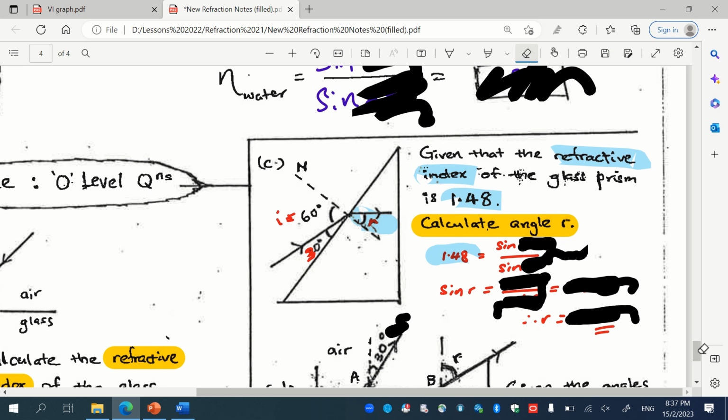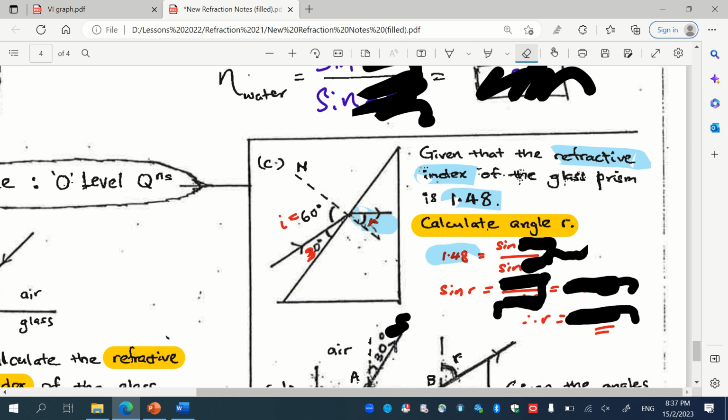Now the problem is I don't know my angle R. So just substitute into your formula. For all these angle questions, you only have the formula sine I over sine R. You should be able to tell that I is the bigger angle, 60, and R is the smaller angle.